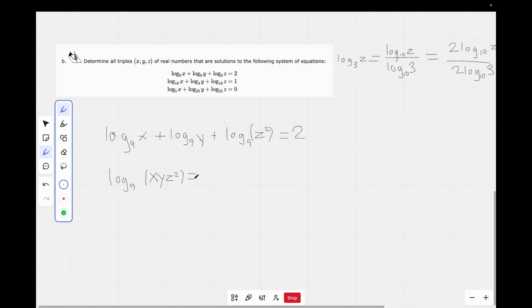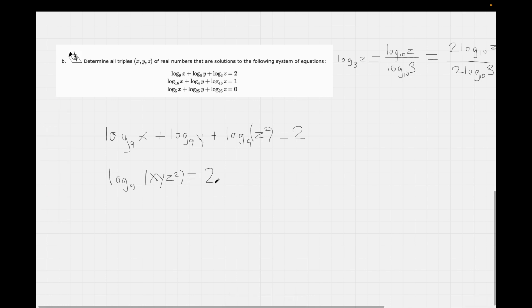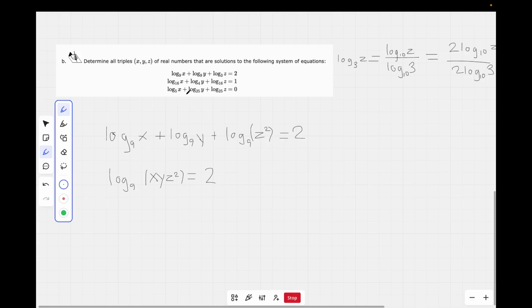So this is 2. And now we can do the exact same thing for the other 3 equations, right? For the second term here, the base is 4, but we want it to be 16. So we can just get log 16 of x. And you can use the same method as before, or just use intuition, to get log 4 of y is equal to log 16 of y squared.